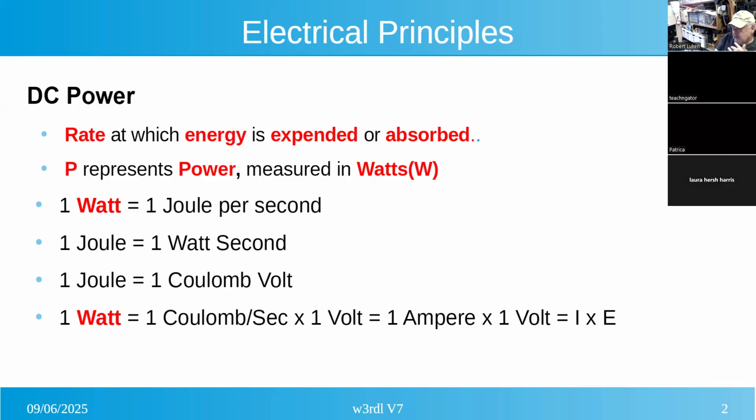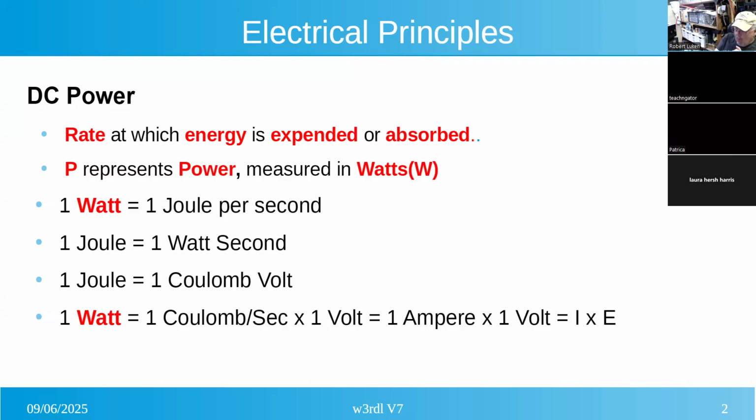And it's also equal to 1 coulomb volt. We talked about coulombs in the beginning, which was 6.24 times 10 to the 18th charges. So if you have that many charges and a potential of 1 volt, that's 1 joule of energy. Now, you don't need to remember all those.